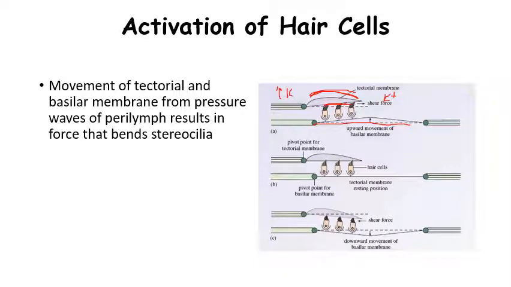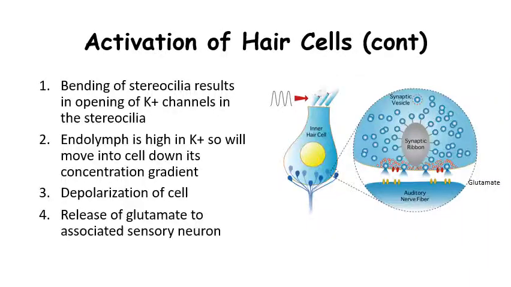So again, just as we saw with the vestibular membrane, but no kinocilia here, the bending of the hair cells, or the stereocilia, ends up causing depolarization by opening of potassium channels. So here are the sound waves coming in, causing vibrations on the basilar membrane, causing that tectoral membrane to shear and bend these stereocilia, and now we're going to open up potassium channels.